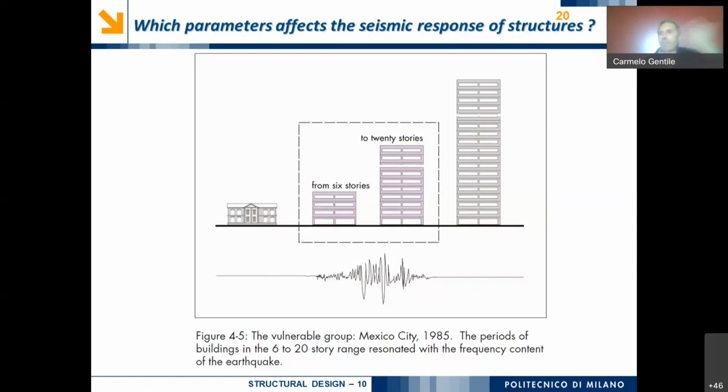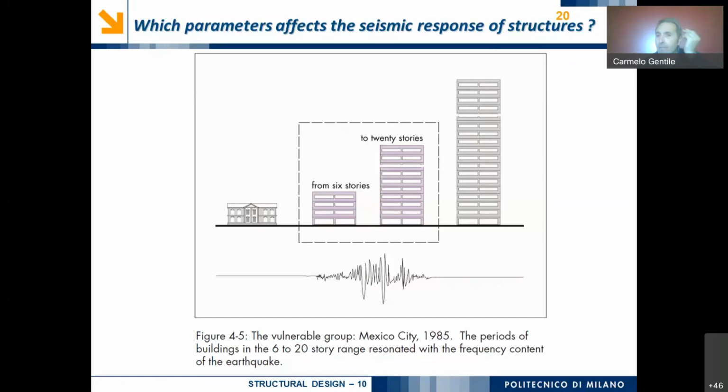You can consider a certain town in Italy, okay, and a series of different buildings placed in the same site, along the same street. For example, we can assume that along the same street we have a very stiff building, which means a building with only 2 stories. So a more deformable building from 6 stories up to 20 stories, and a very deformable building, okay? For example, with a number of stories larger than 20.